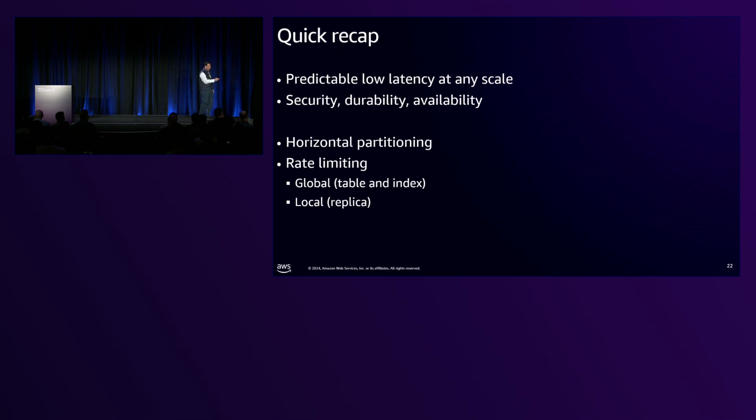But at all times, we ensure security, durability, and availability. As far as we're concerned, those are non-negotiable. We will make sure your data is secured. We will make sure that when you write the data, it is stored securely onto 2 storage nodes before we say yes. And we will make sure that your data is always available to you.